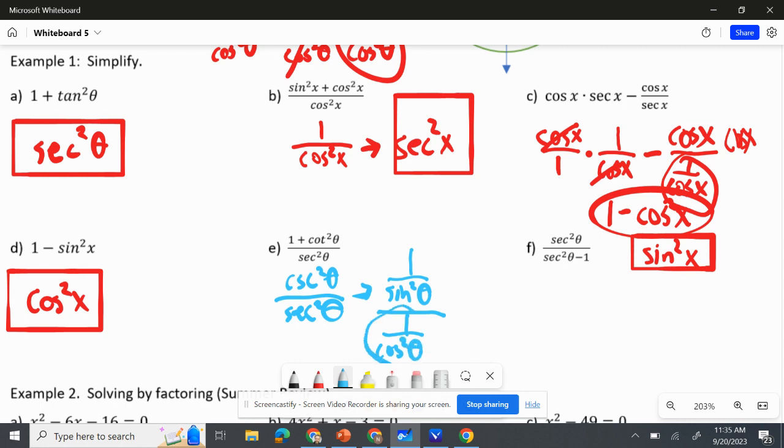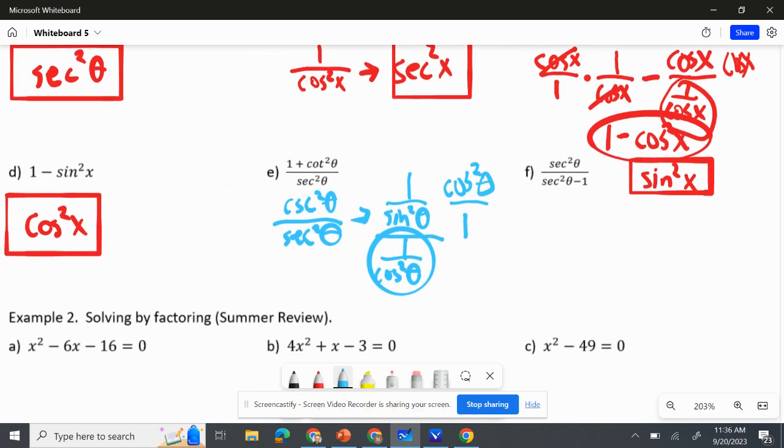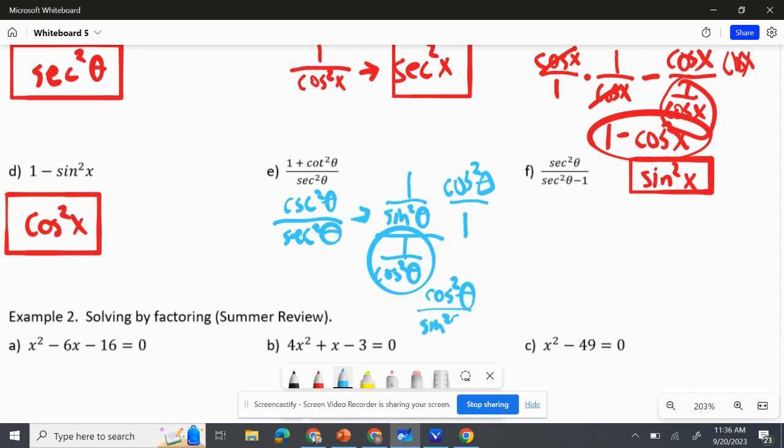Keep, change, flip. So I'm flipping the second one to cosine squared theta over 1. And cosine over sine would equal cotangent.